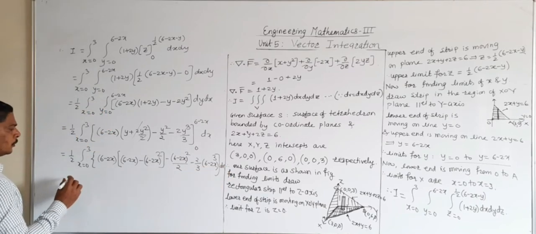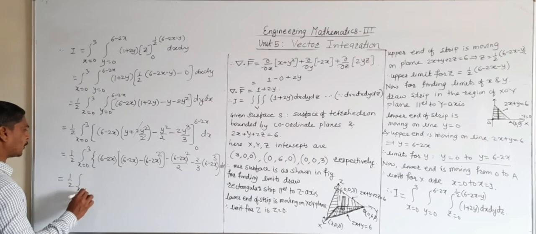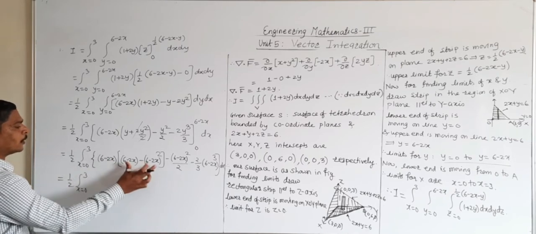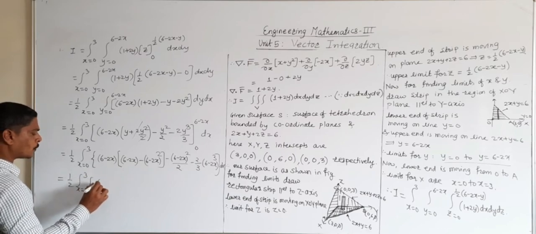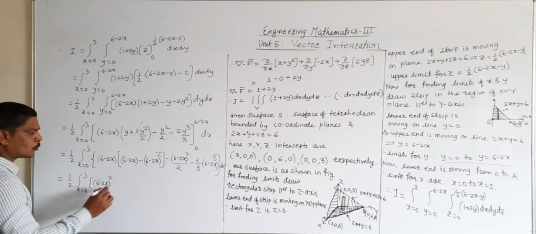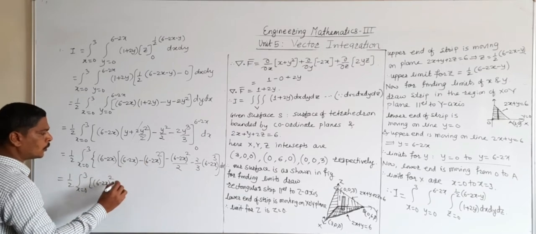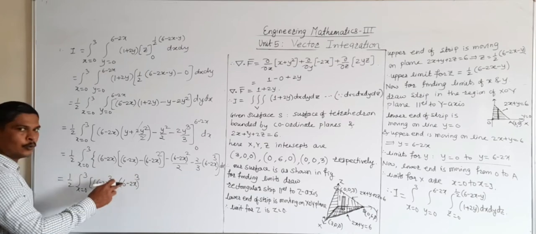And now slightly simplify this, we get the function integration x is equal to 0 to 3. After multiplying this function 6 minus 2x inside the bracket, we get 6 minus 2x into 6 minus 2x becomes 6 minus 2x square, minus 6 minus 2x into 6 minus 2x bracket square becomes 6 minus 2x bracket cube.